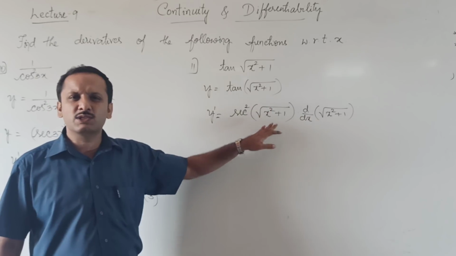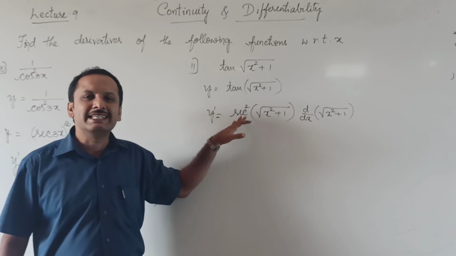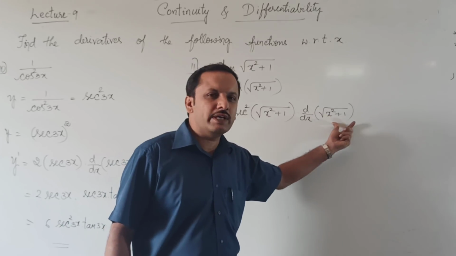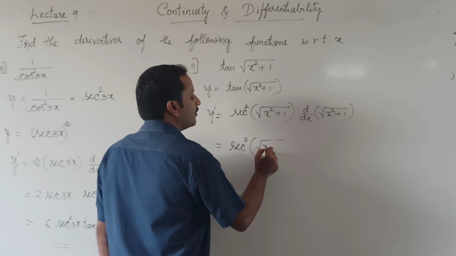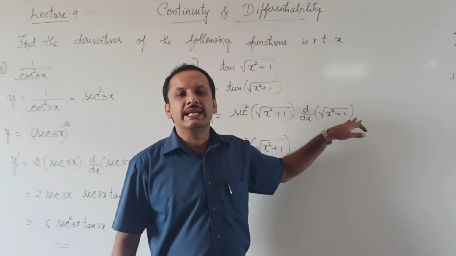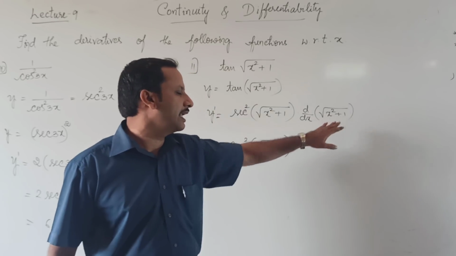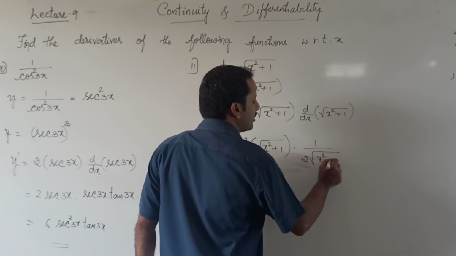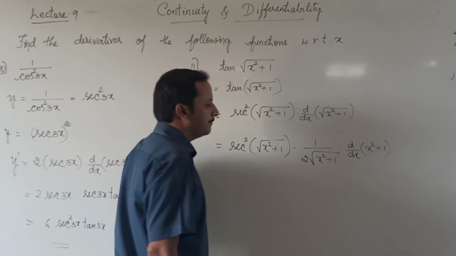Derivative of tan x is secant square x. So derivative of tan of root x square plus 1 is secant square root x square plus 1 into the derivative of root x square plus 1. It looks like root x. Derivative of root x is 1 by 2 root x. So the derivative of this expression will be 1 by 2 root x square plus 1 into the derivative of x square plus 1.